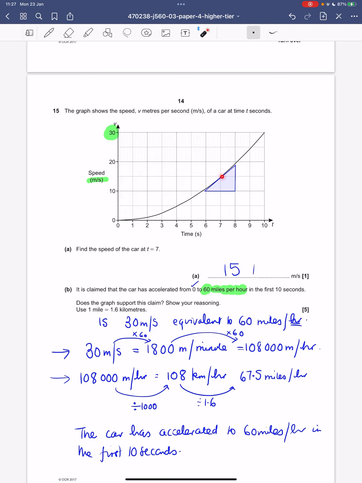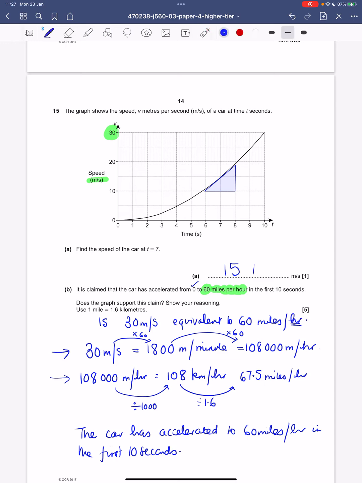So we have to draw a triangle that's touching the curve at t equals 7, and I've done it to spread out across these 2 seconds here. Okay, and it's the steepness of this curve when t equals 7 that will give us the acceleration.